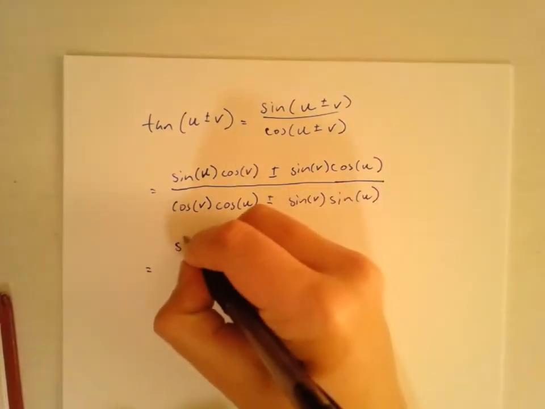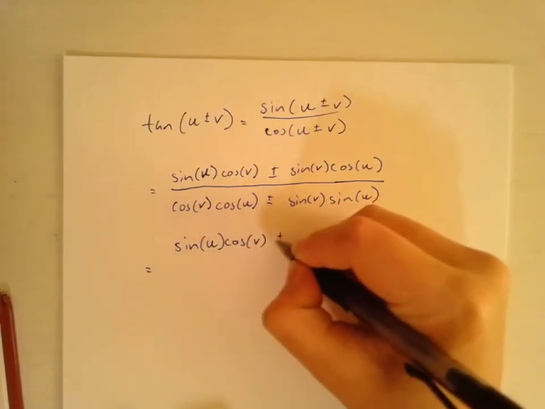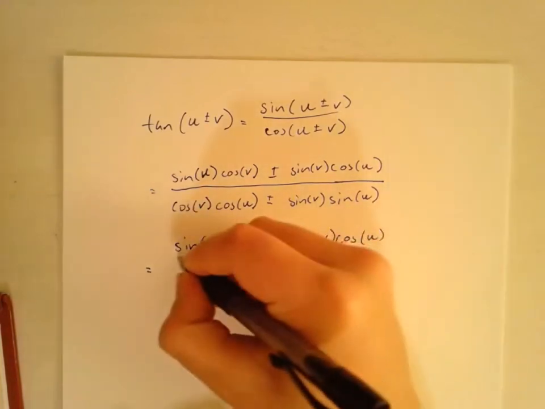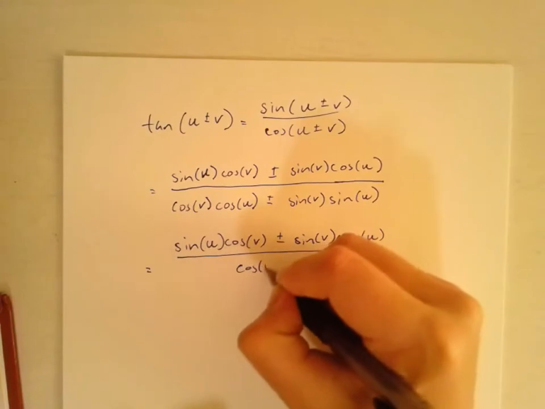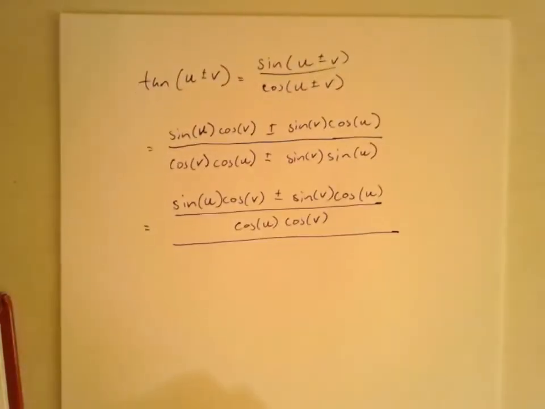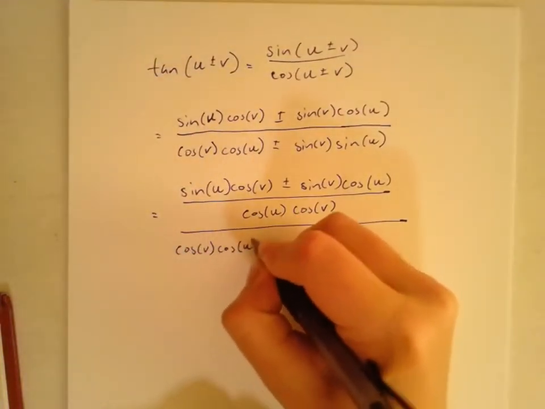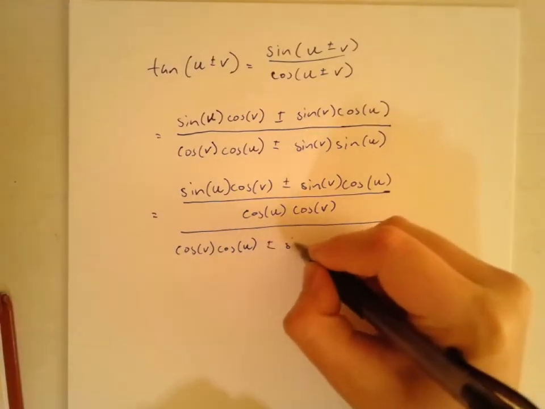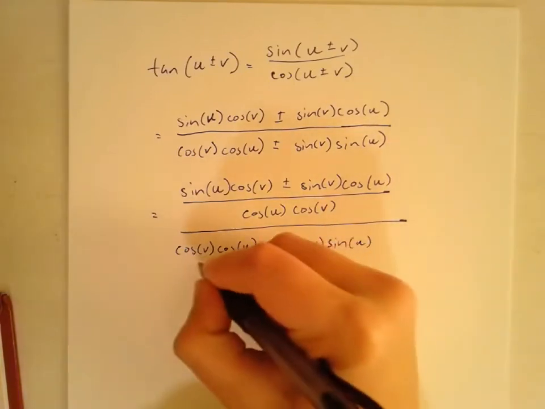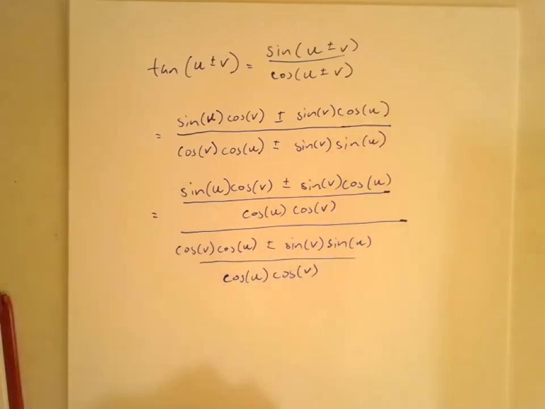So I can divide the numerator by cosine u cosine v, and I can divide the denominator as well, same thing, by cosine u cosine v.